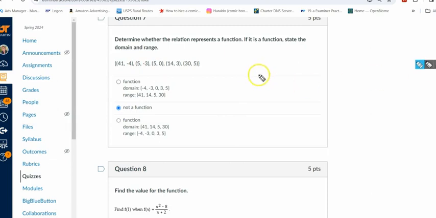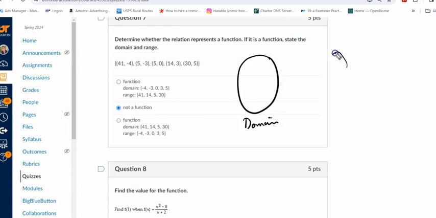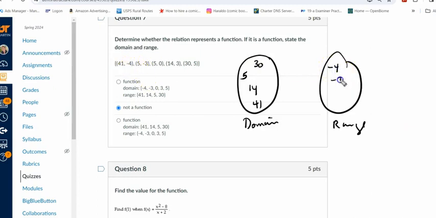But let's look at what this looks like. It is a relation. The domain, I'm going to have 41. I'm going to have 5. I have 5, it's repeated, but I'm not going to write it twice. I have 14, and then we have 30. Then in the range is the set of second entries, and those can be repeated, but they're not here.